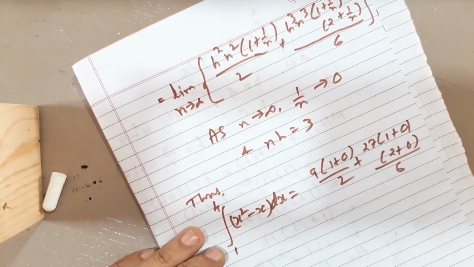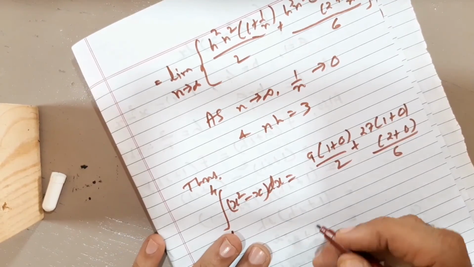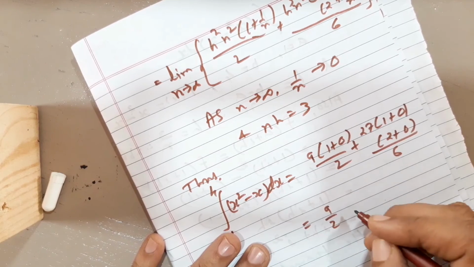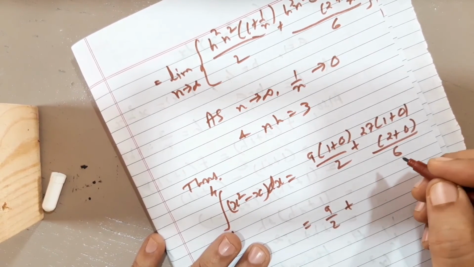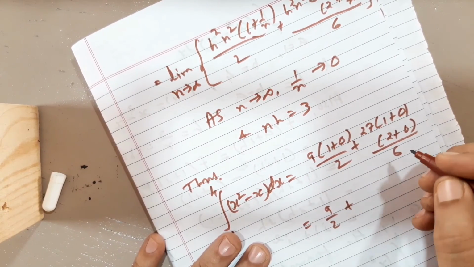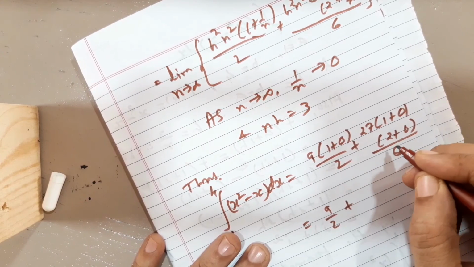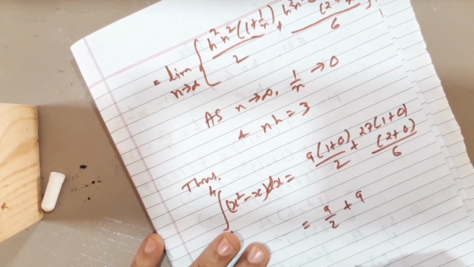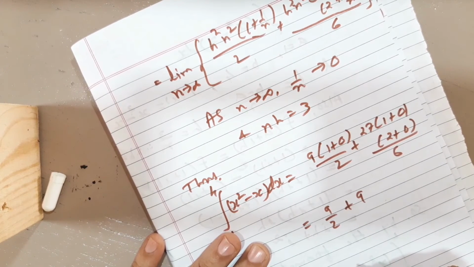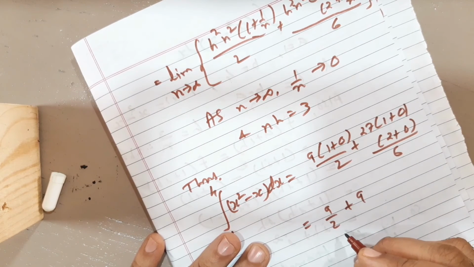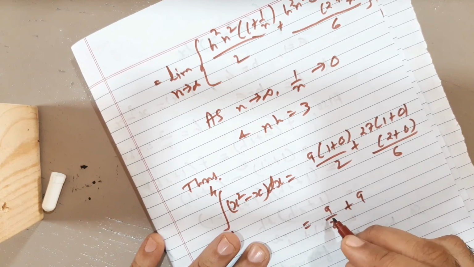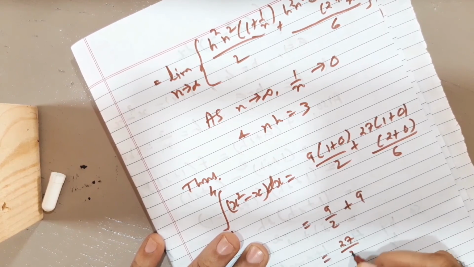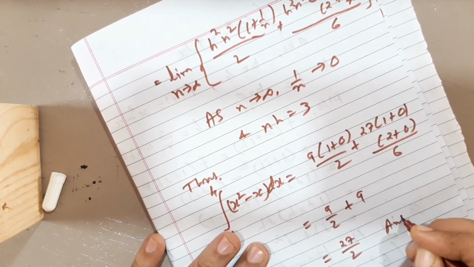This is our answer, whatever the simplified form is. So it is finally 9 by 2 plus, sorry, now this is 2 by 6 in fact, so 2 3s are and 3 9s are, so only plus 9 will be there. Okay, right? And then take LCM. So 9 2s are 18, 18 plus 9, 27. So the final answer we get is 27/2. So this is our answer.